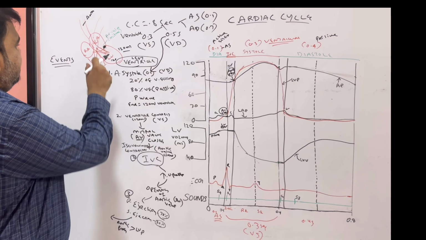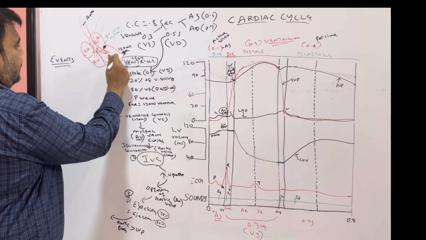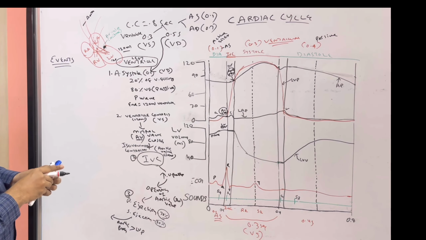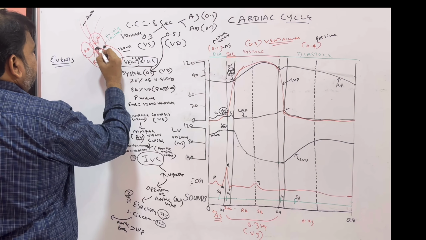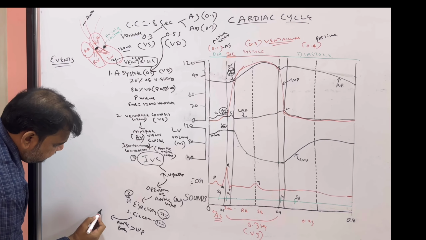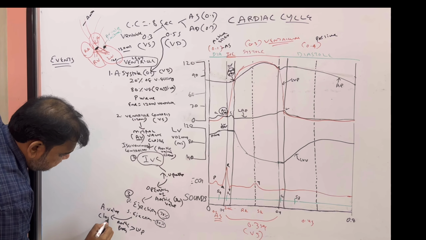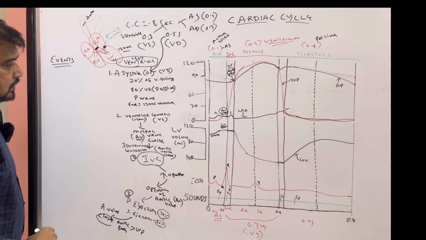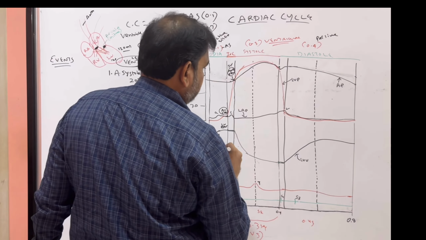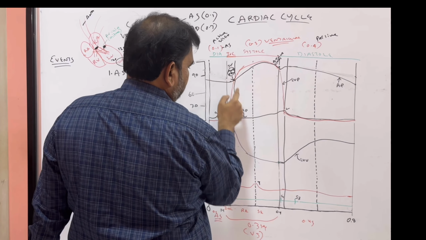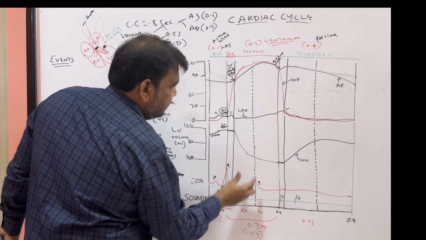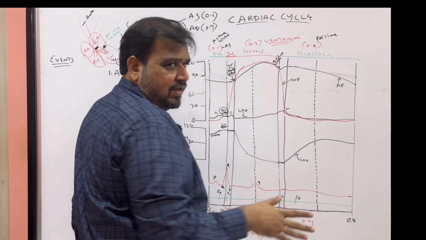Now this pressure is more than this pressure. As the aortic pressure is more, because of this the aortic valve closes. So I have to mention here down. Here the aortic valve is opened to start the ejection phase. Now the aortic valve is closed to finish the ejection phase.